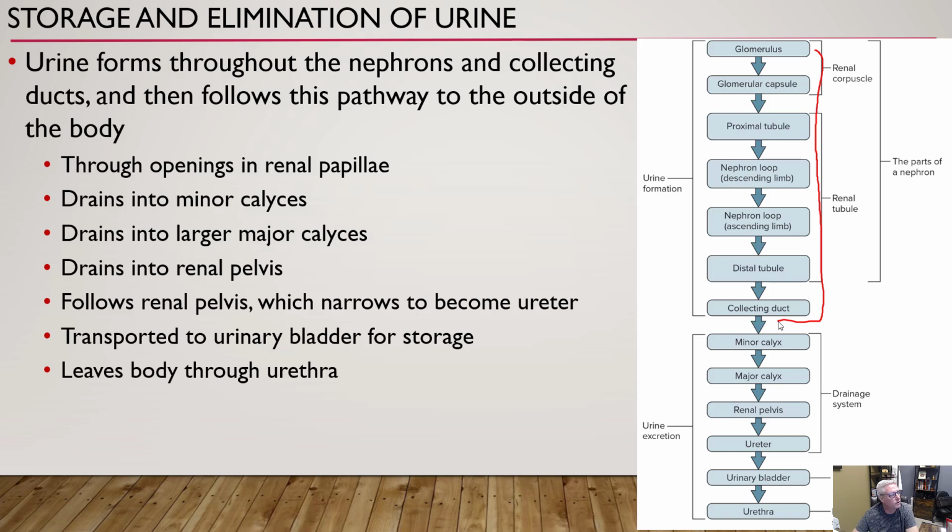From there, the collecting duct has these openings into the renal papillae, and it's going to drain into the minor calyx. It's going to drain into the major calyx. It's going to drain into the renal pelvis, which is going to eventually form the ureter, and then the urinary bladder, and then the urethra, and then you're going to pee out the urine.